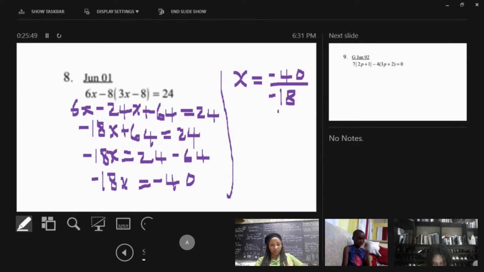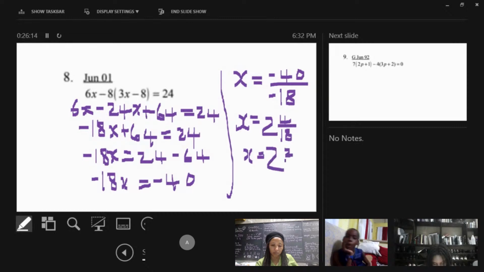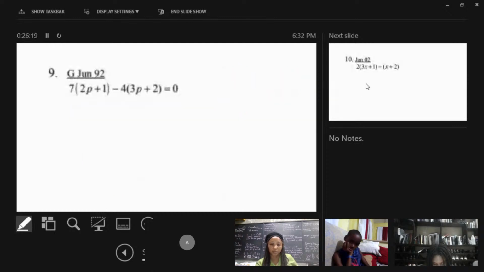So negative 40 over negative 18 is 2 and 4 over 18. So the 4 over 18 now can cancel. X is equal to 2 and 2 over 9.